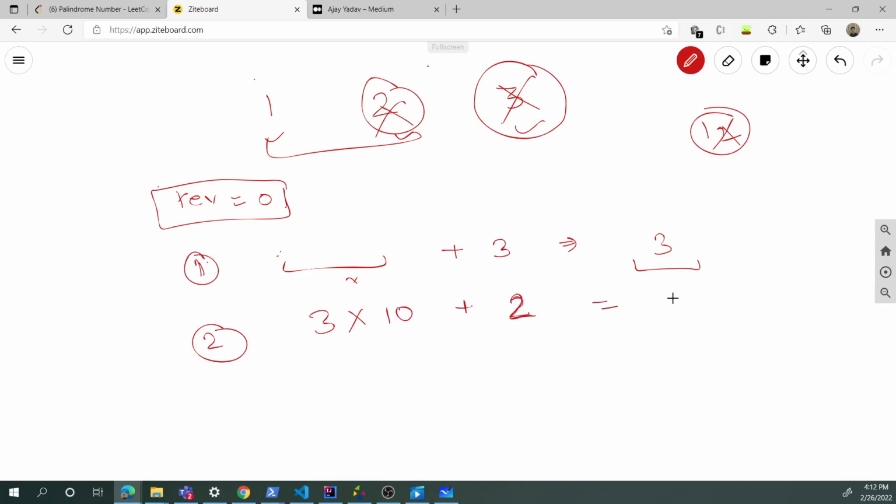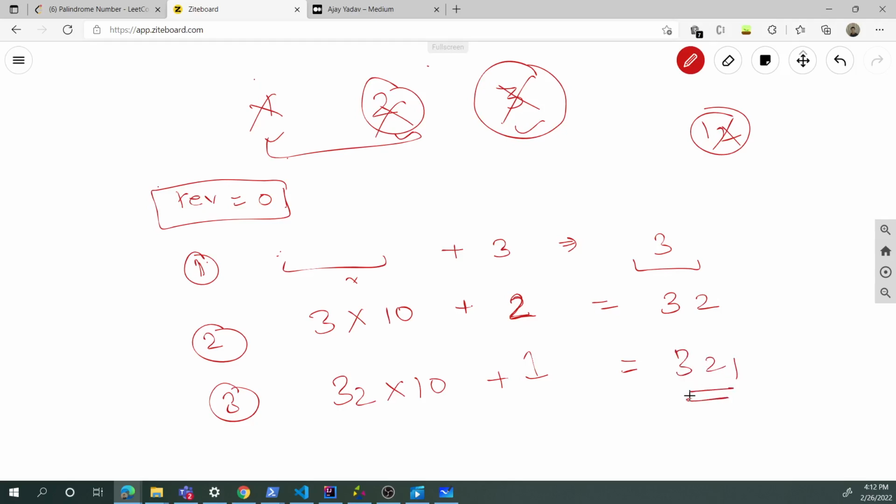So this becomes 32 in this scenario. In the third step, we multiply the previous number, 32, by 10 and add the digit 1, and it becomes 321. If you observe, this is the reverse.